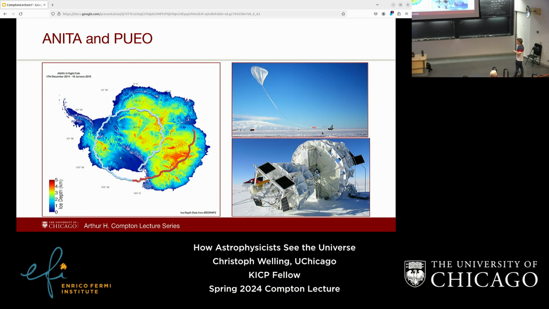And also, if your balloon crashes at the end of the flight, usually either because the people running the station want to go home, or because it's drifting off land, you can just cut it, and it's going to crash down, and you don't really have to worry too much about hitting anyone because there's no one there. So this is from one of the ANITA flights when it came down, and we just got lucky that this happens to be where a lot of ice is.